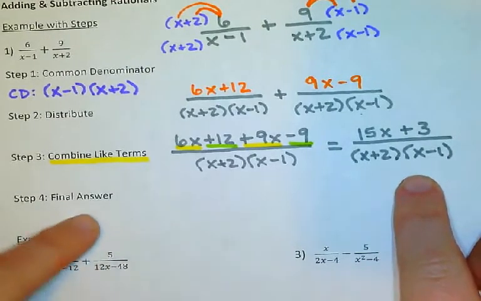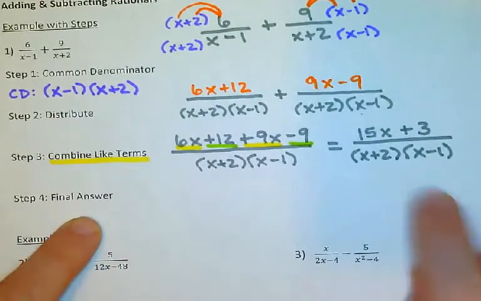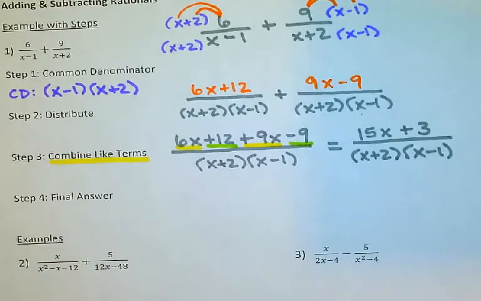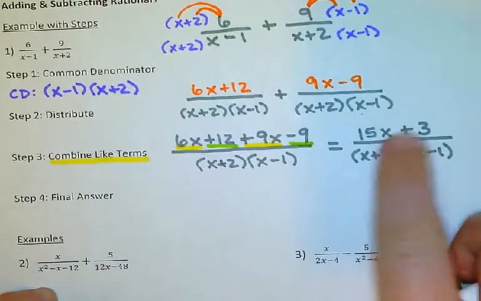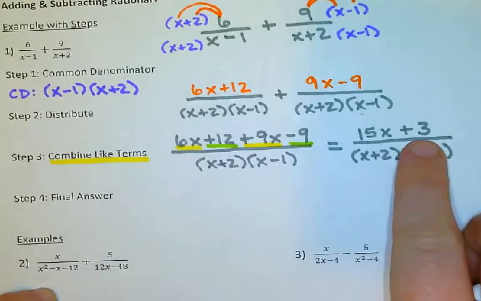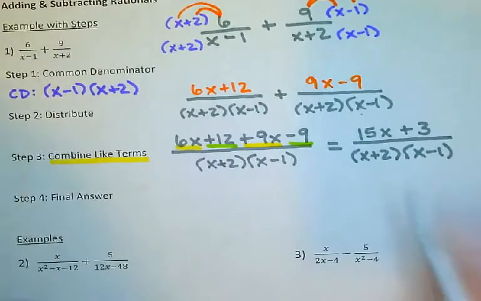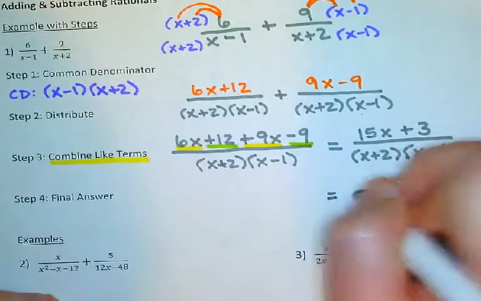For our final answer, remember, we want to put our fraction in the most simplified form. So, if I can cancel anything, I want to. Now, I can factor my numerator here, because what do 15 and 3 both have in common? They both have a 3 in common.